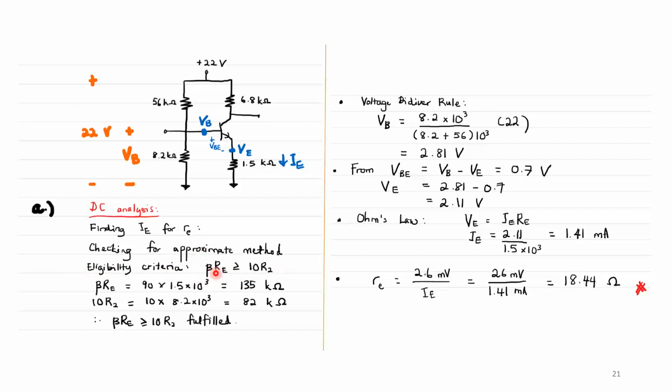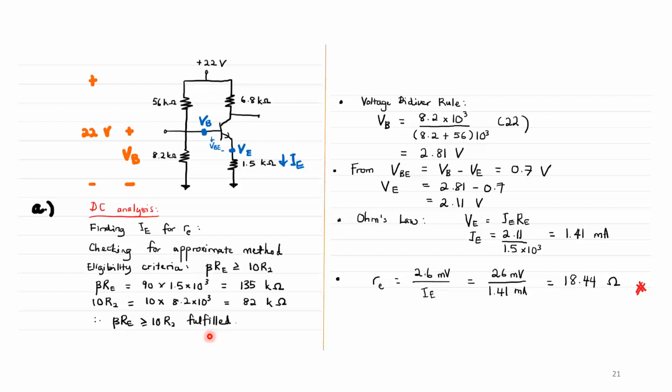Beta RE I find to be 135 kilo ohms, because beta is 90 and RE is 1.5 kilo ohms, both given values. And 10 R2 is 10 times 8.2 kilo ohms, which is 82 kilo ohms. So yes, beta RE is greater than 10 R2. It is fulfilled. Therefore, I do not have to find the Thevenin equivalent circuit.